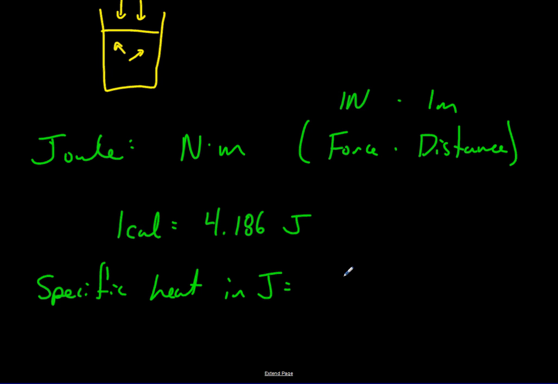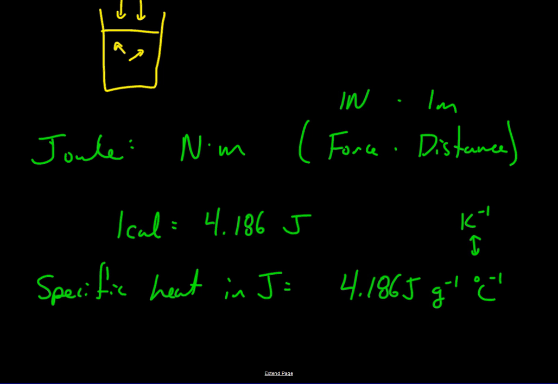So in other words, you have to put in 4.186 joules of heat energy for every gram to raise it a degree Celsius. And just a side note, the size of the degree Celsius is the same as the size of the Kelvin. I shouldn't say the degree Kelvin, it's just Kelvin, okay? The size of the degree, though, is the same in either one, so you can essentially use this interchangeably.